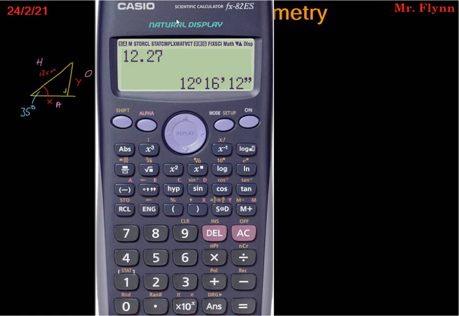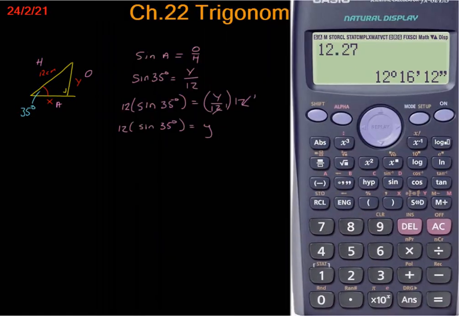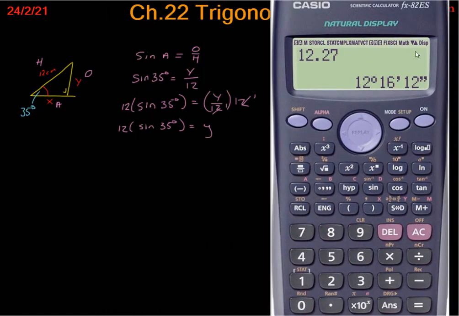Okay, so if I just move this a little bit over here, on your calculator here we have 3 buttons for the 3 trig ratios, so sine, cos, and tan. So I'm simply going to put in this sum here. I'm going to have 12 multiplied by, in brackets, sine, because we're dealing with sine, of the angle 35 degrees.